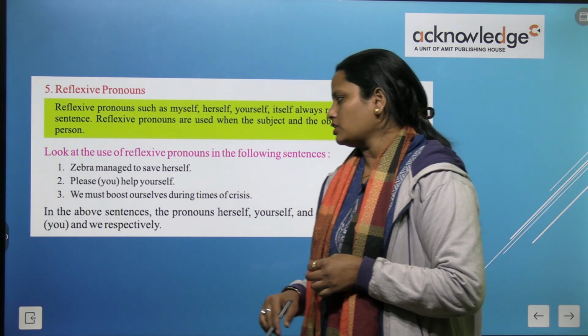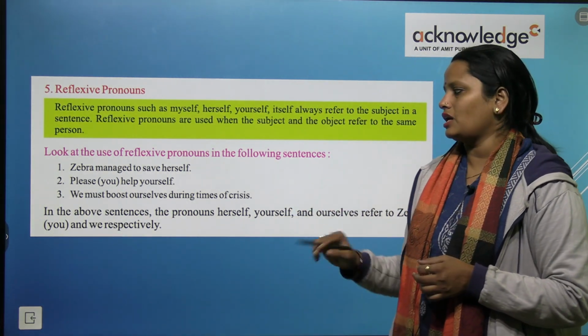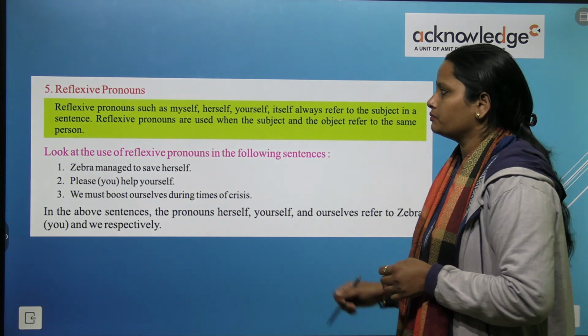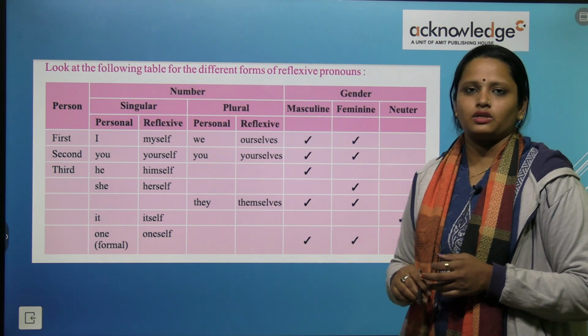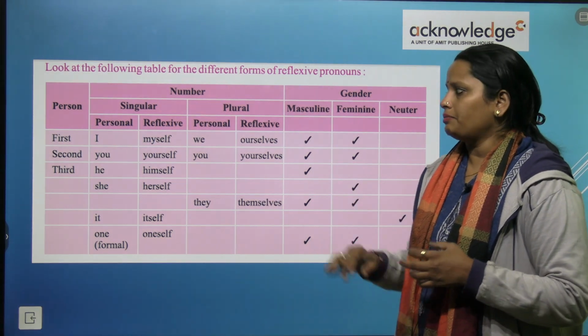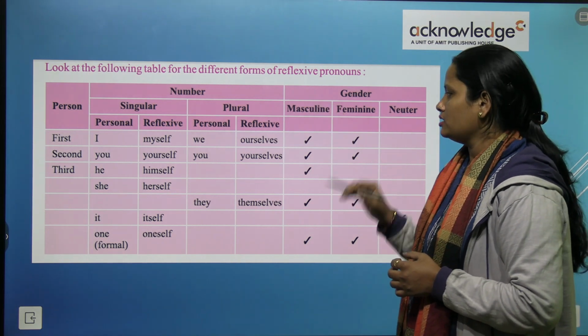Now in the above sentences, the pronouns herself, yourself and ourselves refer to zebra, you and we respectively. Now look at the following table for the different forms of reflexive pronoun. यहाँ पे person दिया गया है first, second, third person, number दिया गया है and the gender.